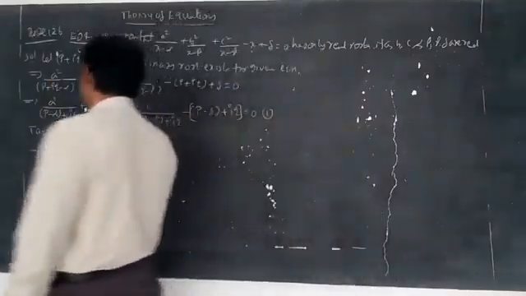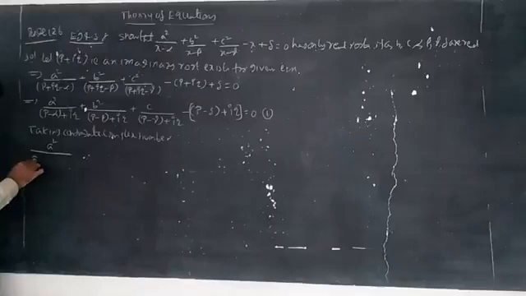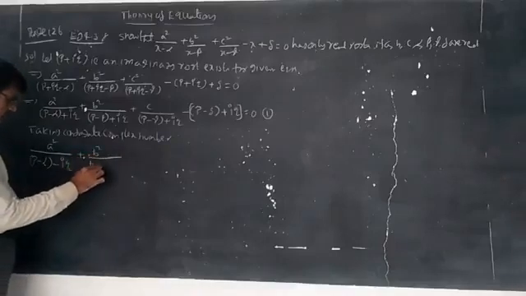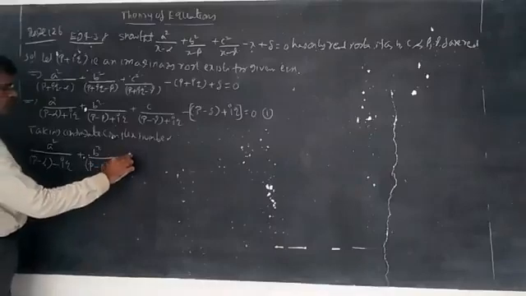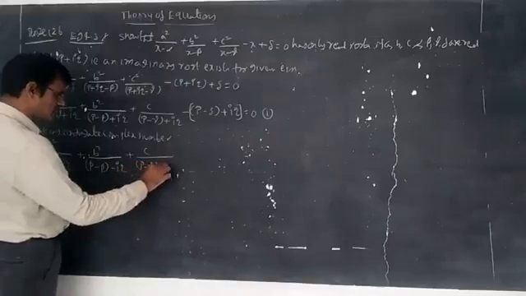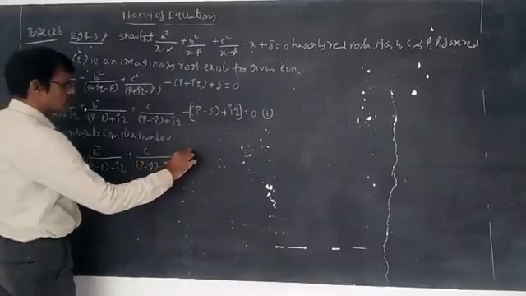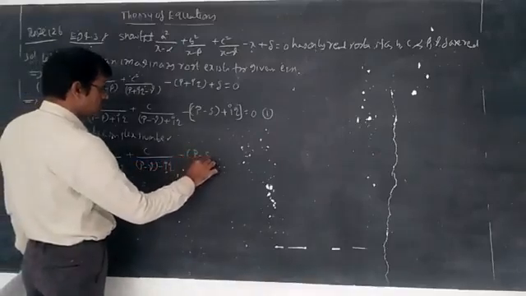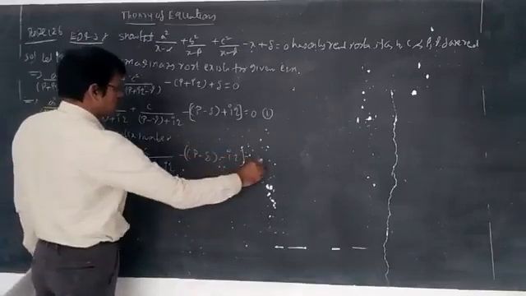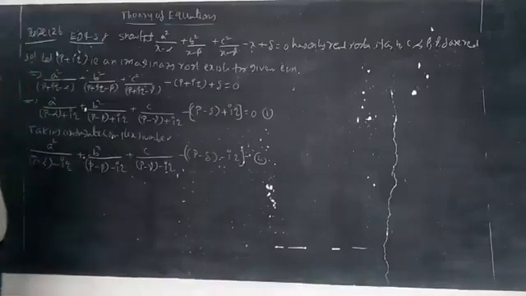So we can write a square by p minus alpha minus iq, in the similar way b square by p minus beta minus iq, plus c square by p minus gamma minus iq, and in the similar way p minus delta minus iq within the brackets. This is the second equation.